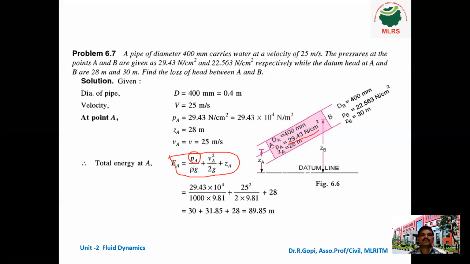So now substitute the values. PA is equal to 29.43 Newton per centimeter square, rho is 1000 and g is 9.81, plus VA square. What is VA? Velocity 25 meter per second. So VA square, 25 square, by 2g, 2 into 9.81, plus ZA.